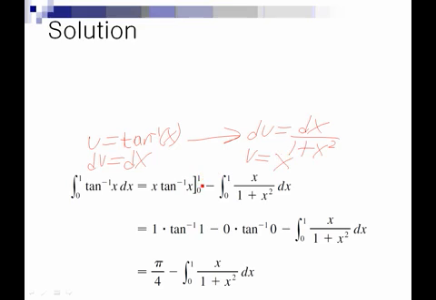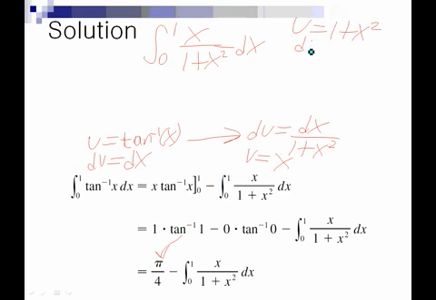So of course, if you evaluate this x arctangent of x between 1 and 0, at 0 it's nothing, and at 1 you end up getting pi over 4. This other part you can evaluate through substitution, the x over 1 plus x squared. Just note that the integral from 0 to 1 of x over 1 plus x squared dx, so let's say you have u equal 1 plus x squared, du will be 2x dx, so x dx equals 1/2 du.